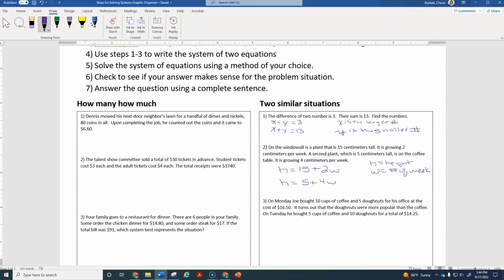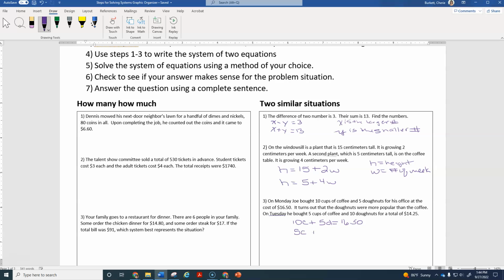A similar situation. On Monday, Joe bought 10 cups of coffee and 5 donuts for his office, and he spent $16.50. So he bought 10 cups of coffee, and then he bought 5 donuts, and he spent this much money, $16.50. That's situation number 1. That was Monday. Situation number 2 is Tuesday. He bought 5 cups of coffee.